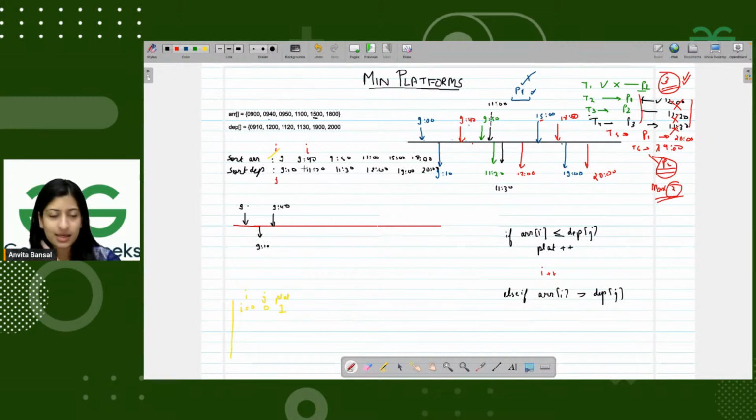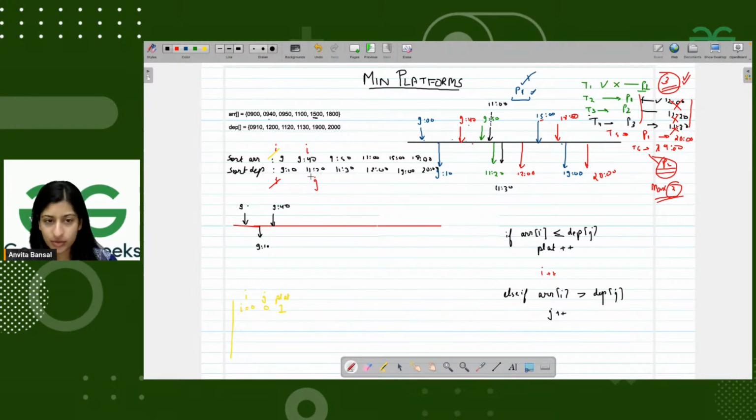That means the train which is leaving at 9:10 must have already left. So the platform that this train was using must have got free by that time. So there will be no increment in platform. You must go and check for the other index in your departure array. The comparison should be made for the other index, so in that case you will just increment the count of J. That is what you're going to do in the second case.